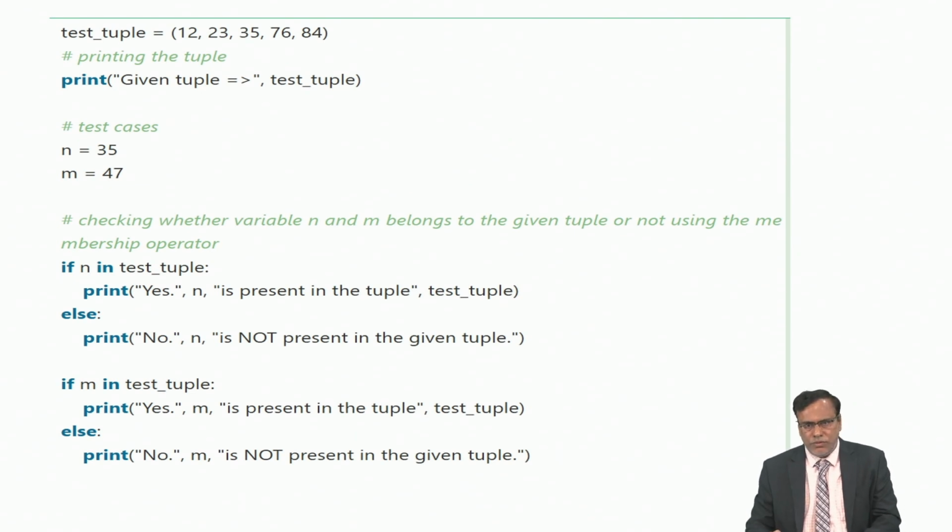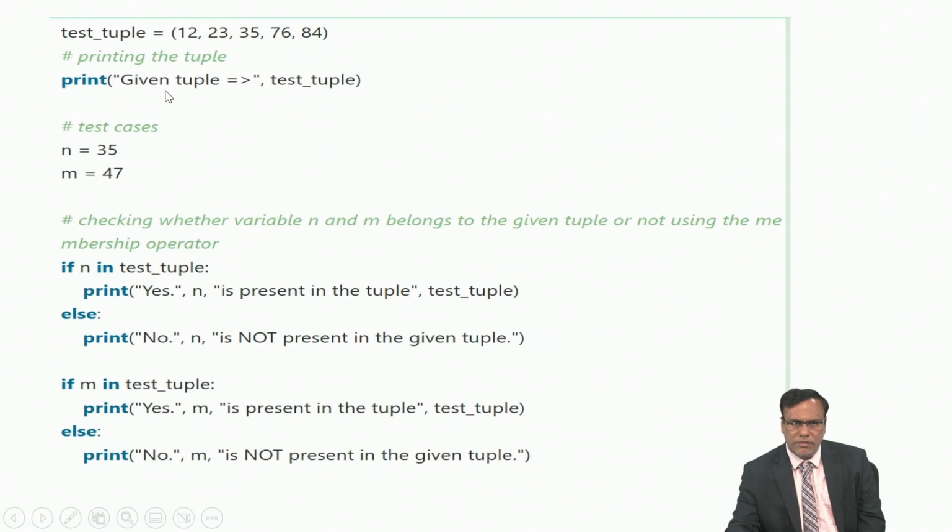And here you can also learn about the usage of the conditional statement. Here I have 2 variables, n equals 35, m equals 47. If n in test tuple, before that we have created a tuple with some elements. We printed those elements, and then the test cases. If n in test tuple, if that value is there in the tuple, then it prints yes.